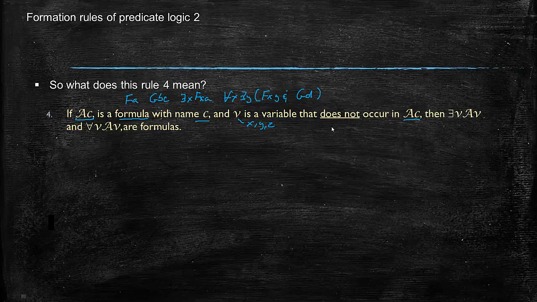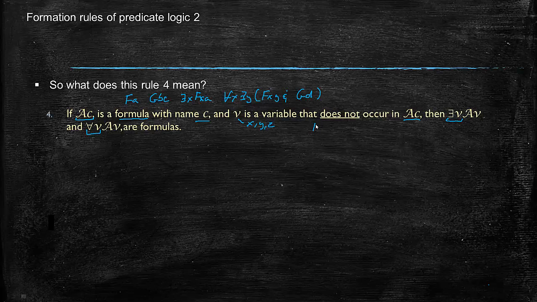It means basically if you take an AC, if you take some formula that has a name in it, then you can stick a variable in for that name as long as that variable doesn't occur in the formula already, and then either slap on the existential quantifier with that variable or the universal quantifier with that variable, right?